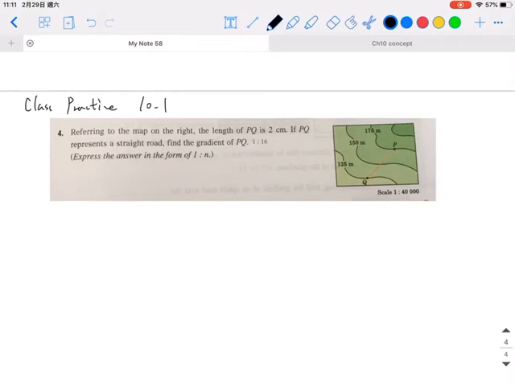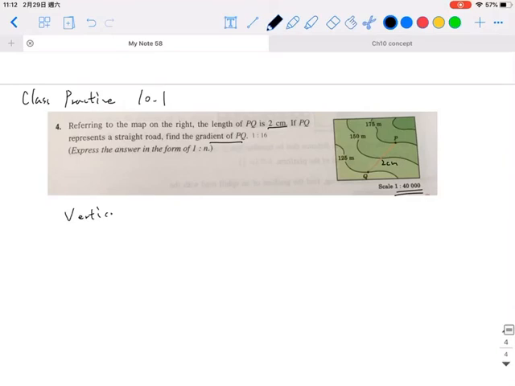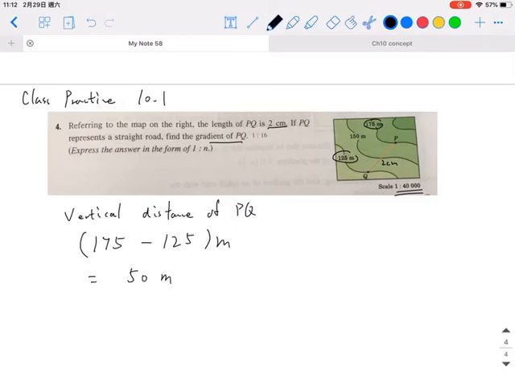Referring to the map on the right, the length of PQ is 2 cm. This is the horizontal length, so you need to pay attention to the scale. If PQ represents a straight road, find the gradient of PQ. First of all, the vertical distance of PQ is, for P, 175 meters minus Q, 125 meters, so the vertical distance is 50 meters.